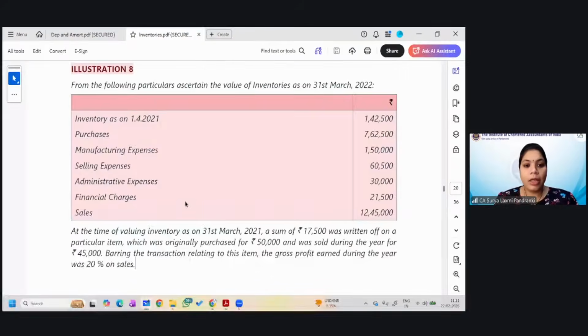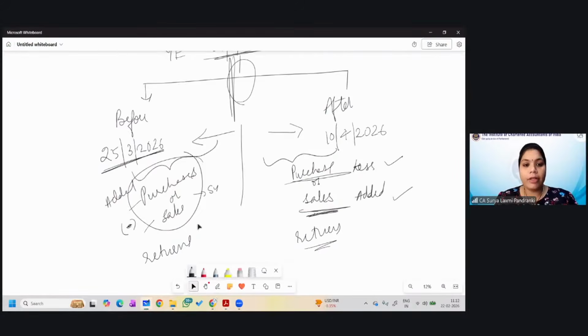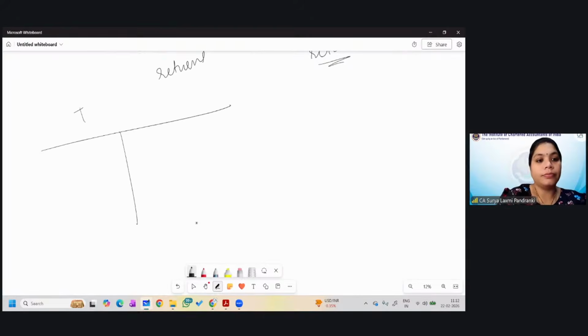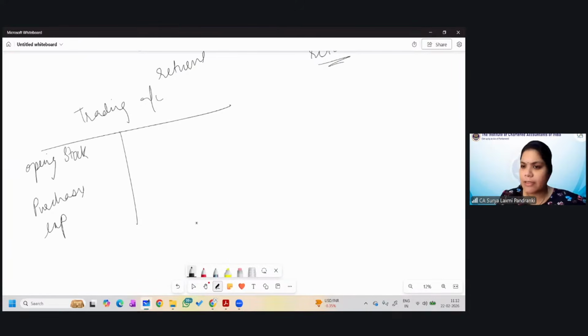Okay. Now in this question, I will simply draw the trading account once. So we have opening stock given in the question, and then we have purchases also given. There are a few direct expenses given, indirect expenses also given in the question.